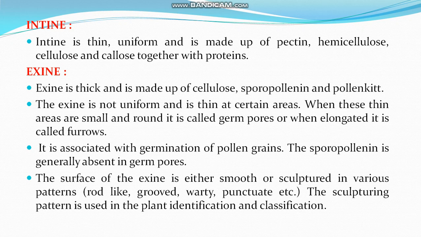The surface of the exine is either smooth or sculptured in various patterns, rod like, punctuate etc. The sculpturing pattern is used in plant identification and classification. This characteristic feature is used for taxonomy.